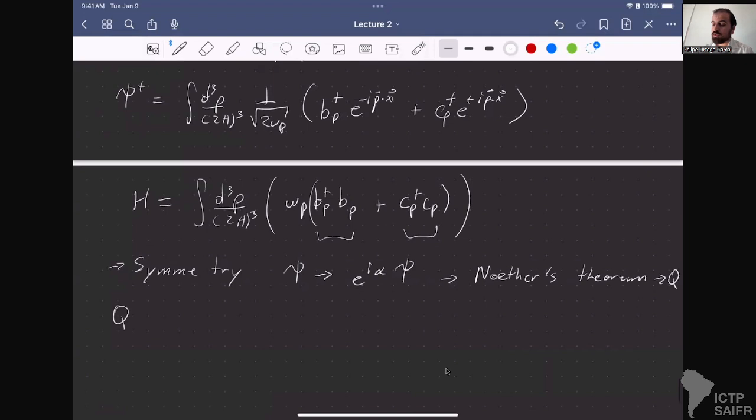And the charge operator in this case is going to be given by the difference between the number operators this time.